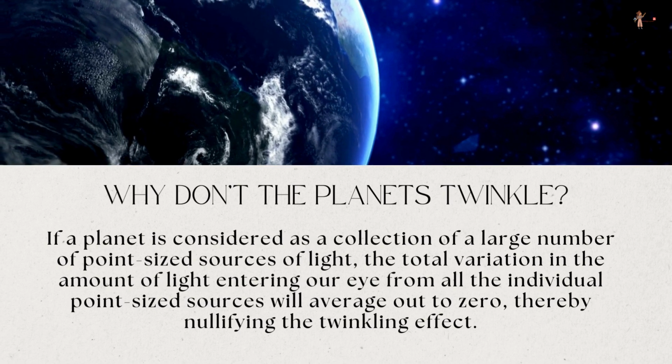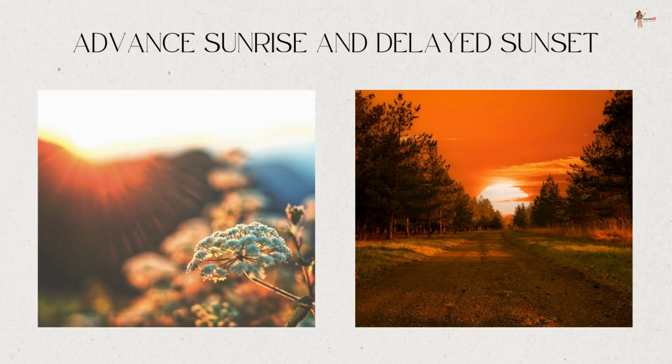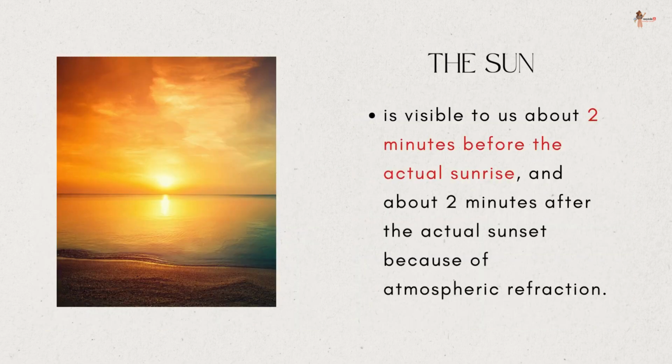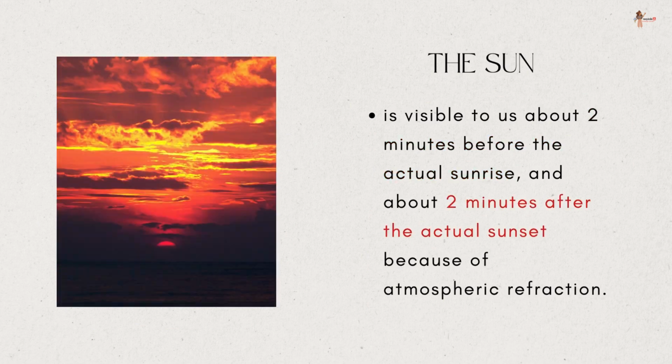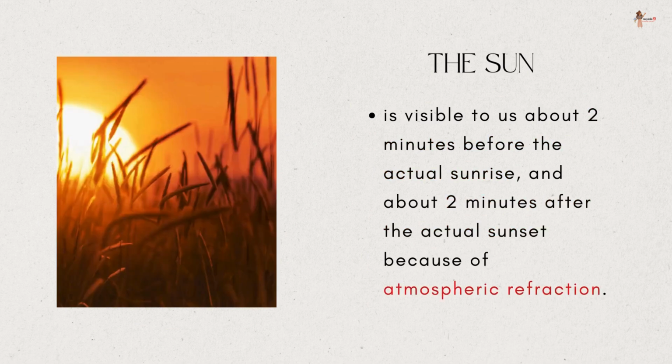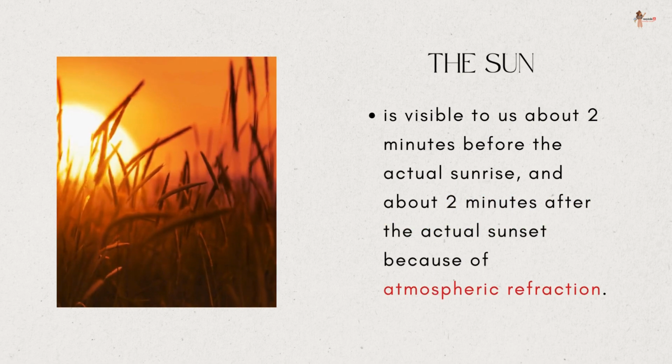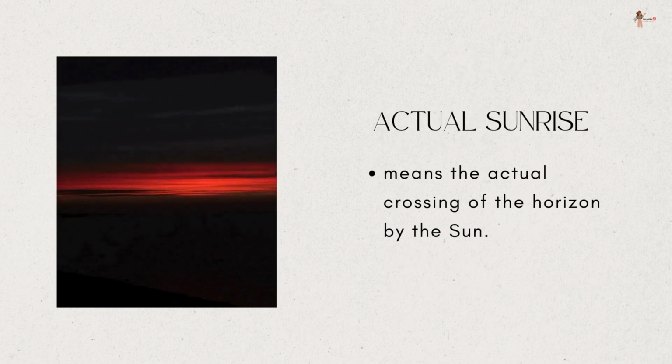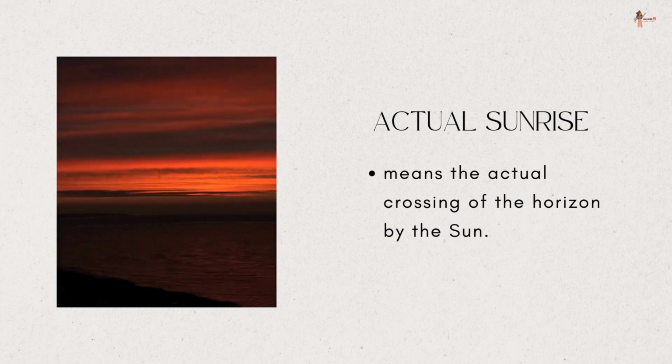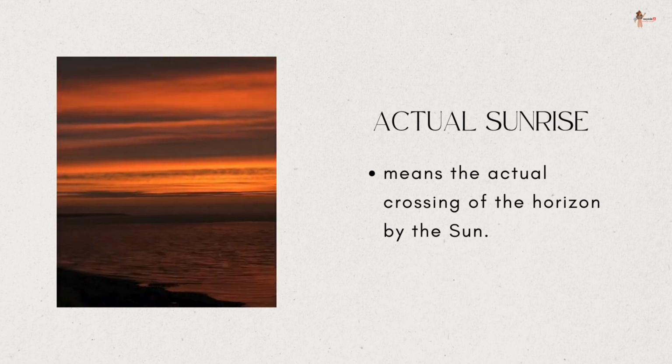Pretty interesting, right? Now let's see advanced sunrise and delayed sunset. The sun is visible to us about 2 minutes before the actual sunrise and about 2 minutes after the actual sunset because of atmospheric refraction again. By actual sunrise, we mean the actual crossing of the horizon by the sun.